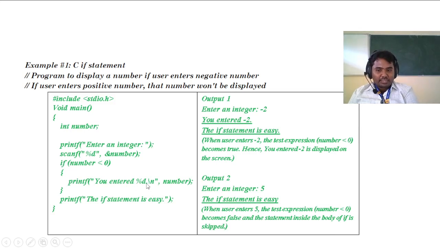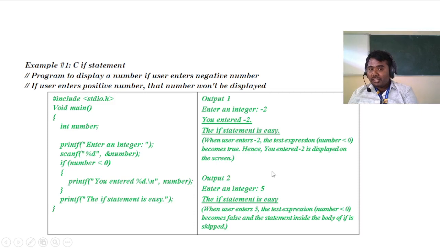I mean, the format specifier will be replaced with the value of number, that is -2. This is one possibility. Now assume that I enter 5. Here 5 is not lesser than 0, so the condition is false. It will skip the entire block, go to the other statement, and print the message.